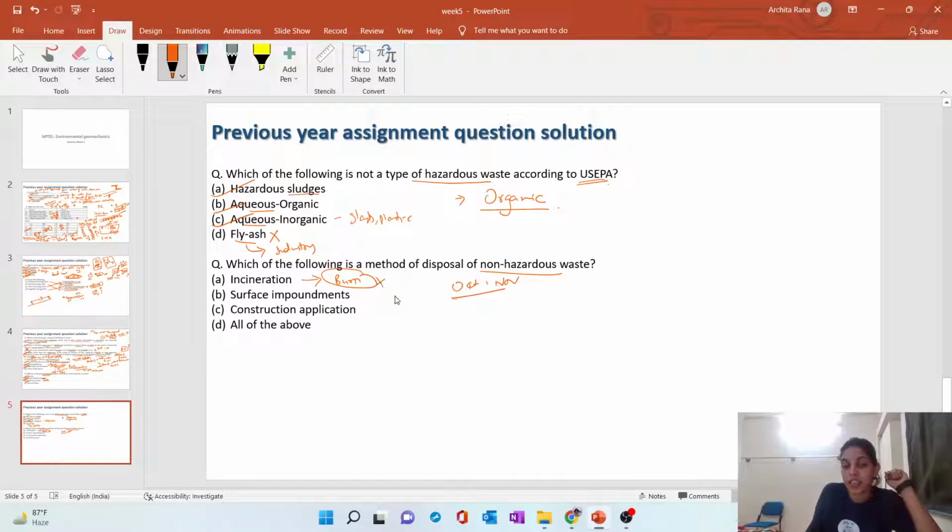Hence, incineration, even though practiced, is not a good method of disposal.